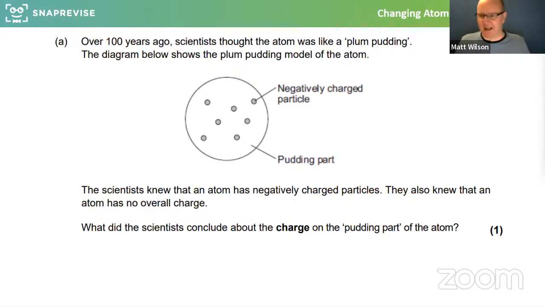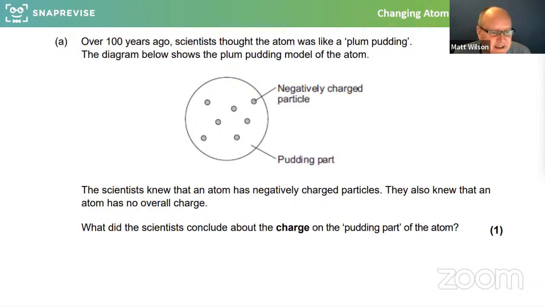Okay, let's have a look at a question here then. Over 100 years ago, scientists thought that the atom was like a plum pudding. The diagram below shows the plum pudding model of the atom. Then we've got our familiar diagram. We've got our negatively charged particles and the pudding part. Scientists knew that an atom had negatively charged particles. They also knew that an atom had no overall charge.